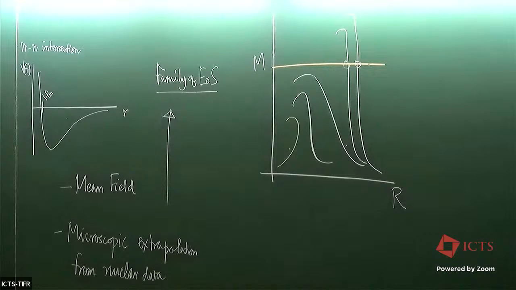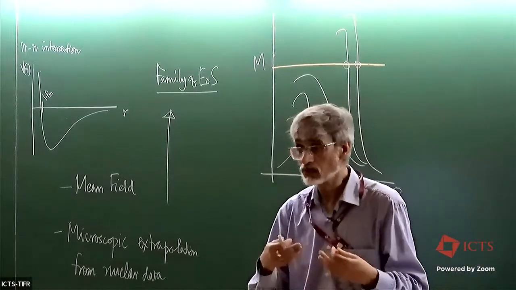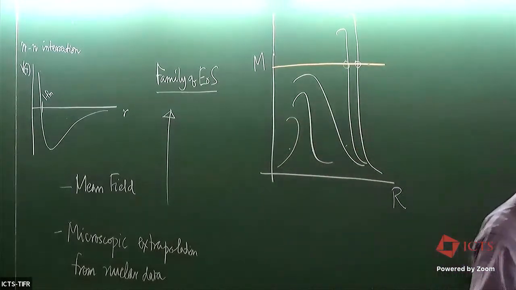So one of the key emphasis on neutron star astrophysics is because of the ability to try to constrain equations of state. And all of these different methods are coming together to gradually improve the astrophysical constraints.